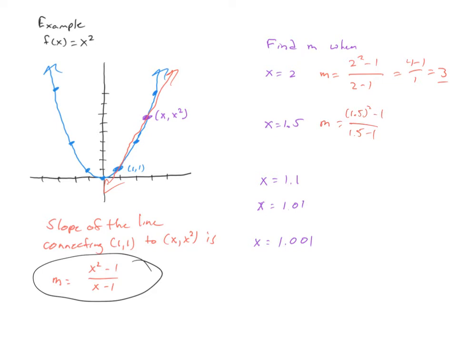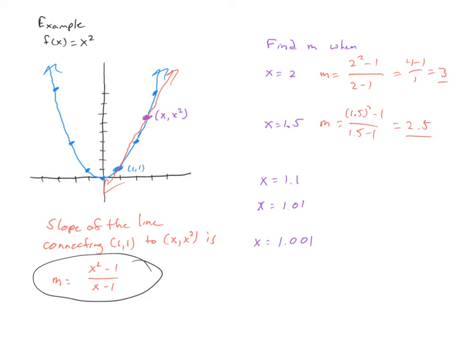When you did that, you should have come up with 2.5 as a slope. So if I connected the point 1, 1 with the point at 1.5, where 2.25 would be the y-coordinate, I would get a slope of 2.5.